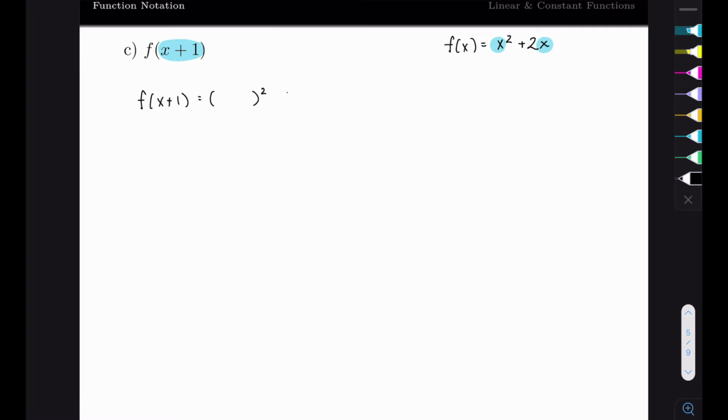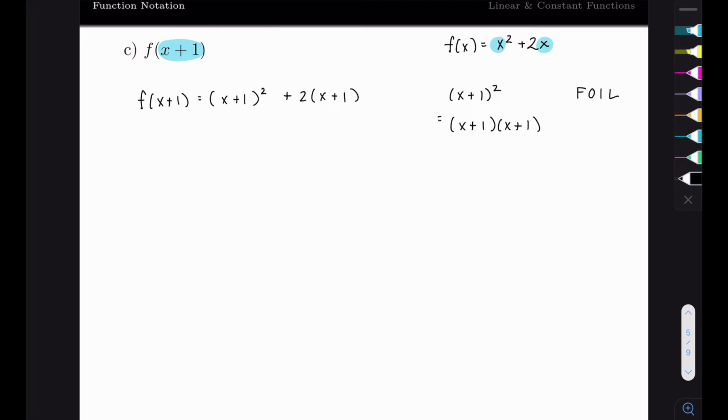We're going to have to take x plus 1 and square it. Remember, when you're doing something squared, it just means that thing times itself. So I'm going to do that off to the side. (x plus 1) squared is x plus 1 times x plus 1. The method we have for going through this is to FOIL.